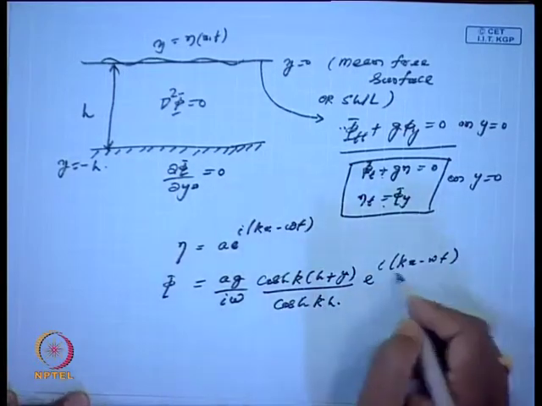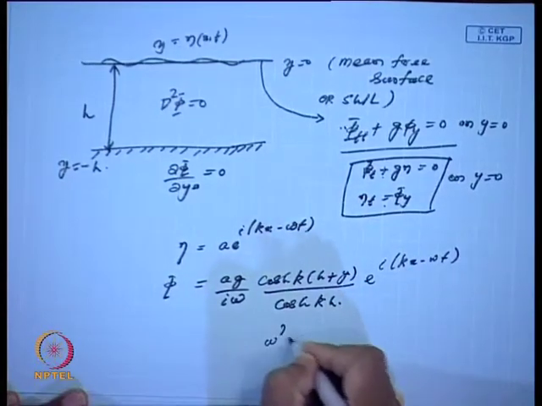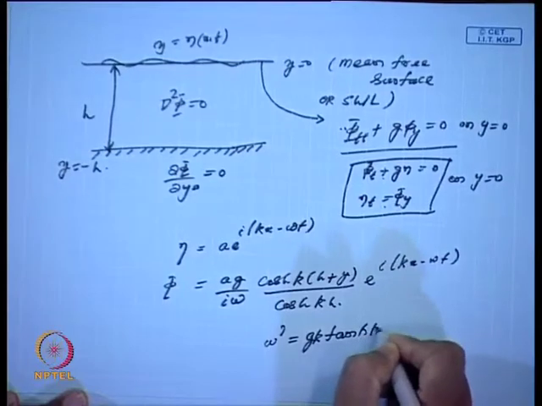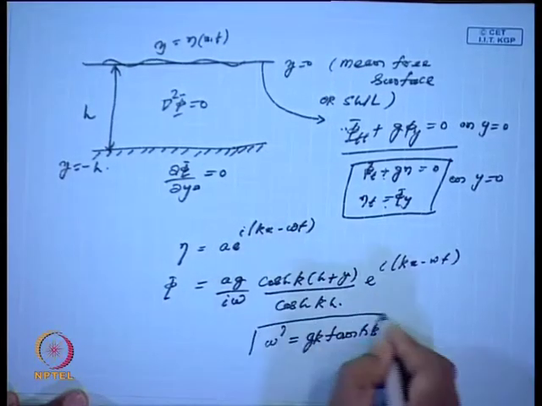And here this omega satisfies the dispersion relation, omega square is g k tanh k h. This is the dispersion relation.